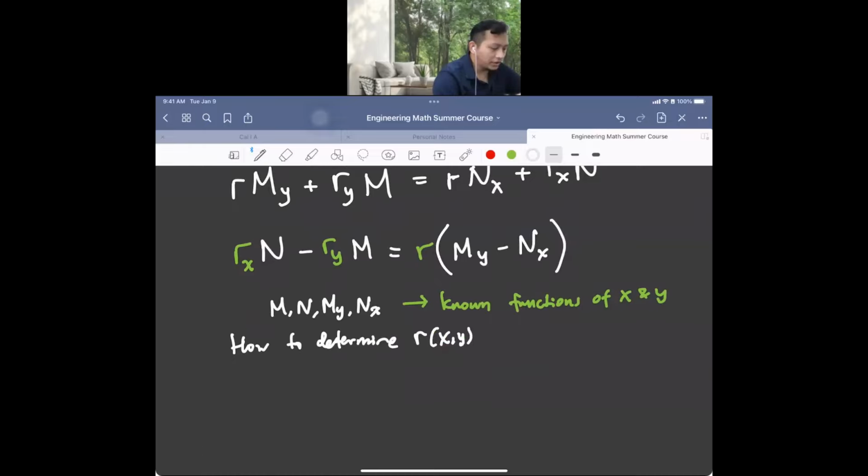Now suppose, the assumption, because this is a function of two variables, we are not really sure how we can partially derive with respect to x or y.